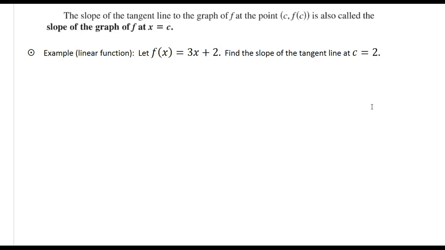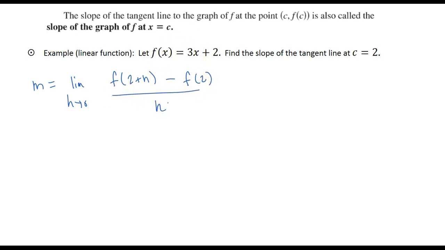Okay, so let's just pretend that we're going to plug this in. So m would be the limit as h approaches 0 of f of 2 plus h minus f of 2 divided by h. And remember, we're not going to drop our limit notation until we've plugged everything in. So in that case, f of 2 plus h would be 3 times 2 plus h plus 2.